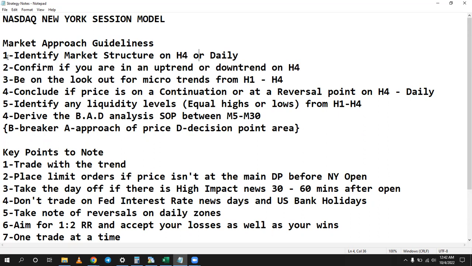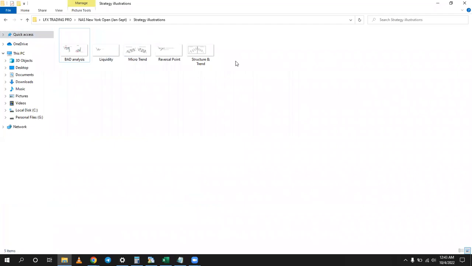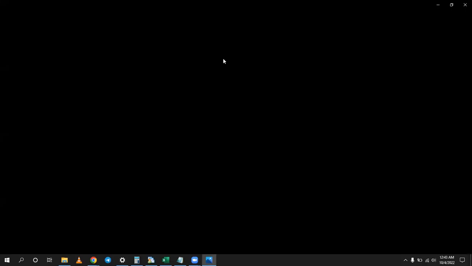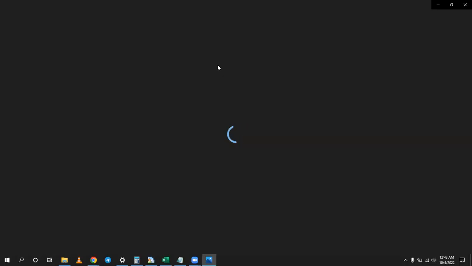Point number one, of course, you have to identify the market structure. And of course, this will be on H4 or daily. For market structure, basically, what we look out for is the uptrend structure and the downtrend structure.